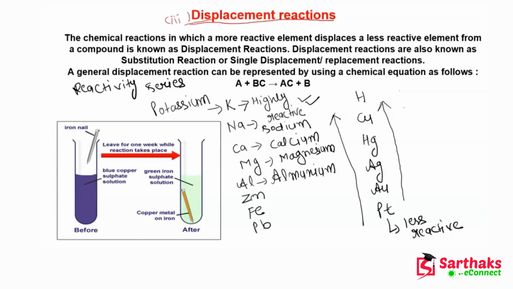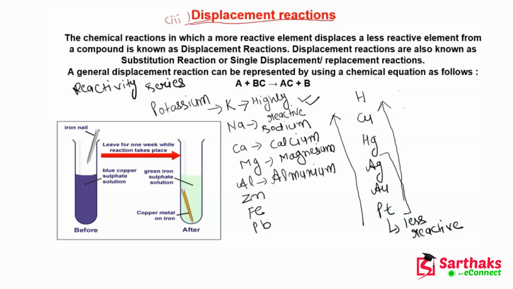So what does reactivity mean? Reactivity means how much an element will react with other elements. Potassium is highly reactive, which means it will react with other elements very fast. The elements at the bottom of this reactivity series are less reactive.